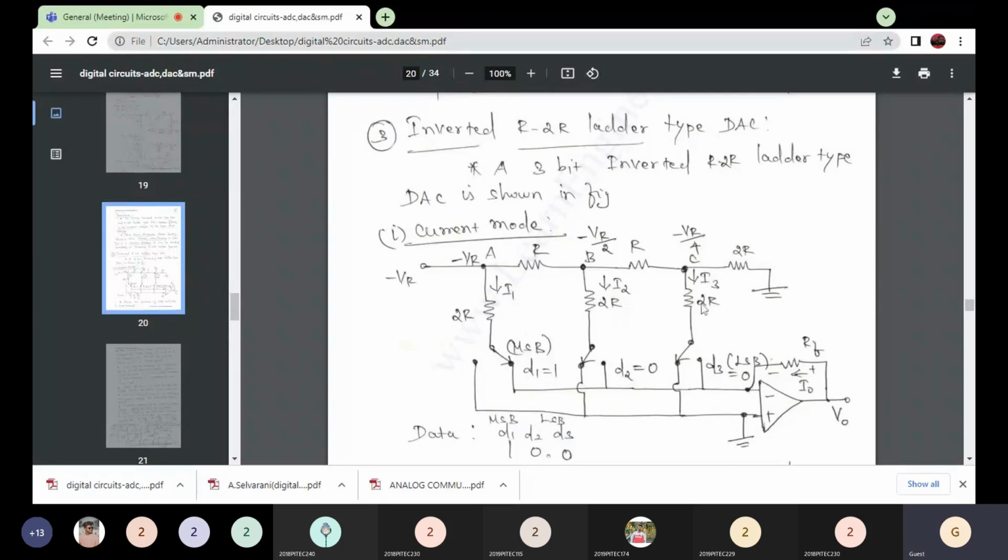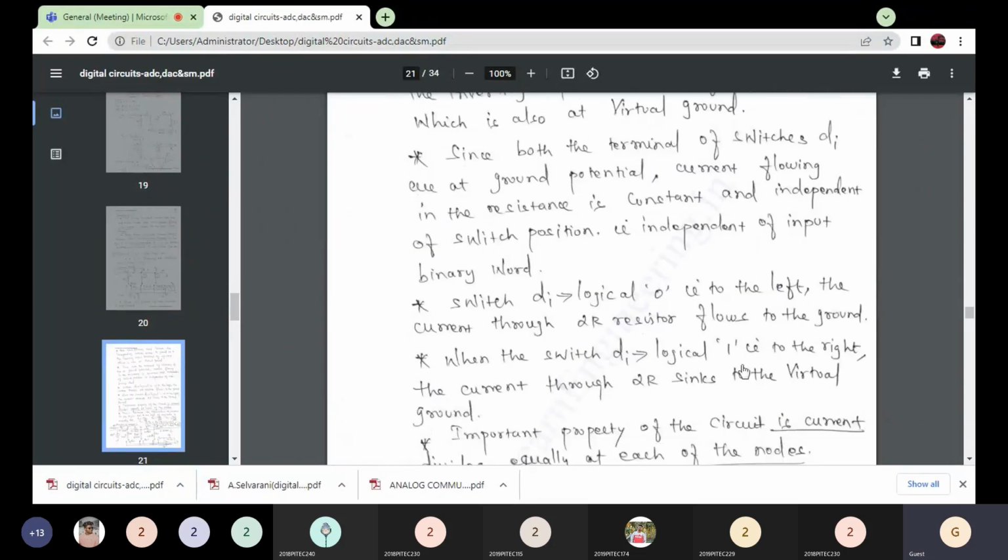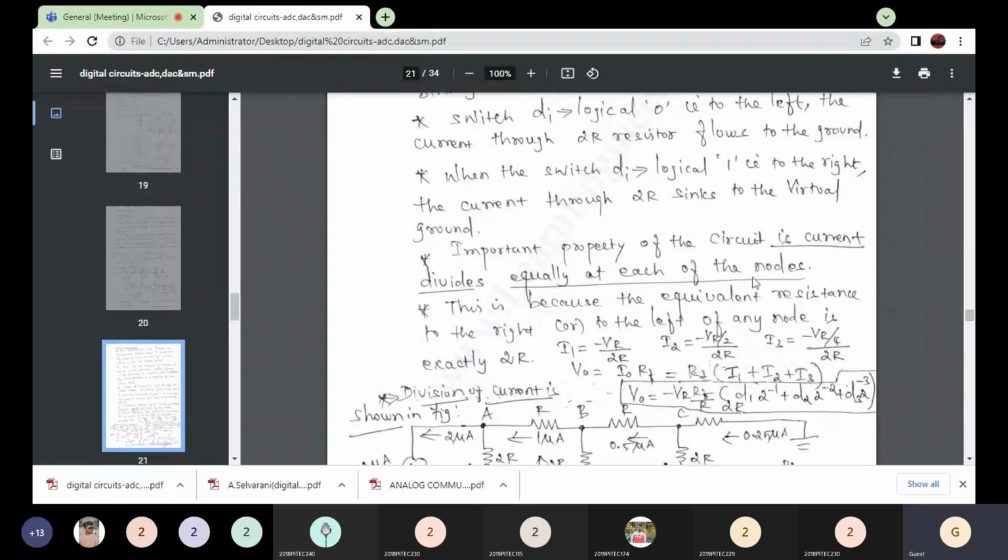So the current through the resistances stays constant and does not change with the binary word. Here we get the accurate digital equivalent analog output, improving the accuracy of the converter.